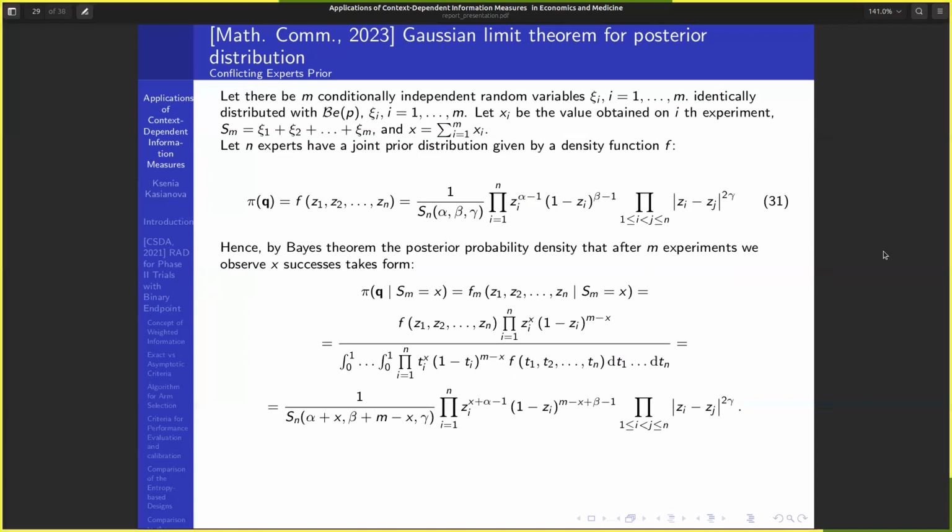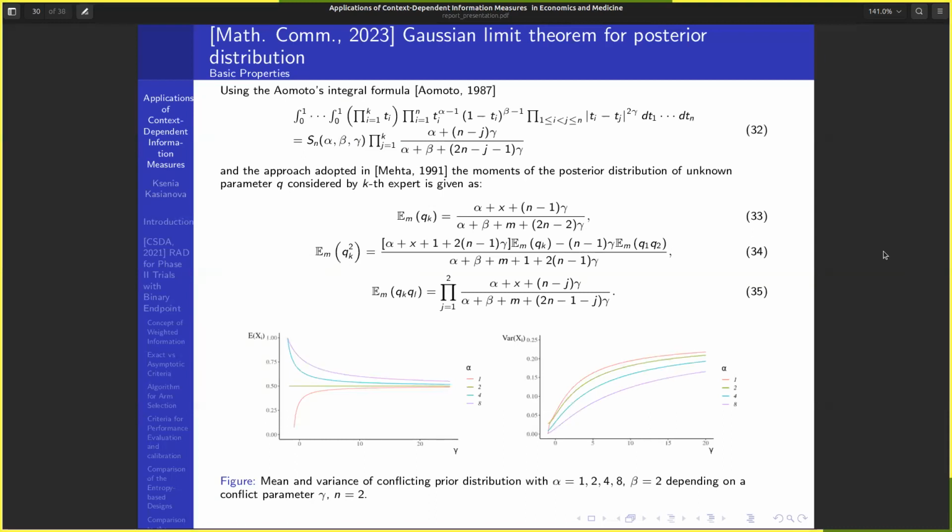Again, we can see that since it is a generalization of the Dirichlet distribution, the posterior is also a conjugate posterior, so it will take the form of the same distribution with the updated parameters. And here we can see the moments of this distribution and how the conflict parameter gamma influences it.